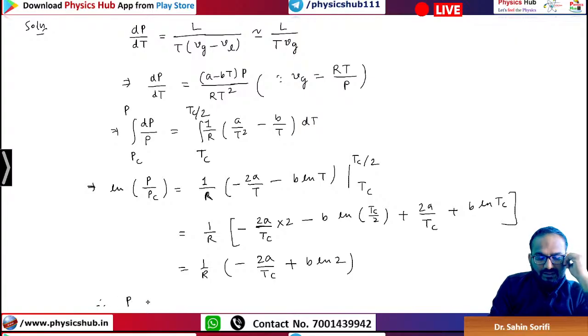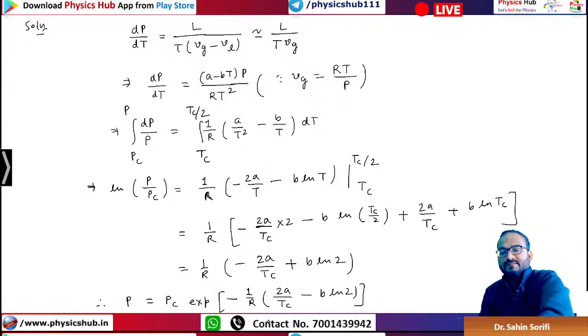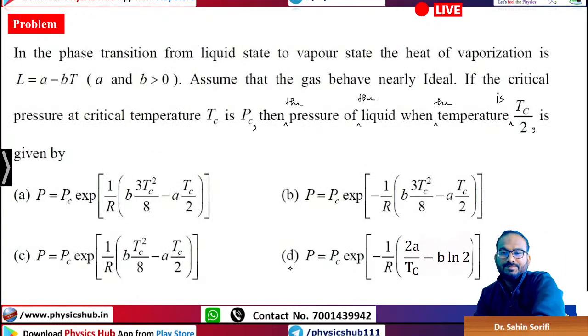And then we can write P is equal to Pc exponential, if I take this minus outside, 1 by R, 2A by Tc minus B ln 2. That exactly matches with option D.